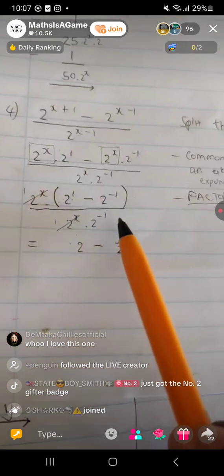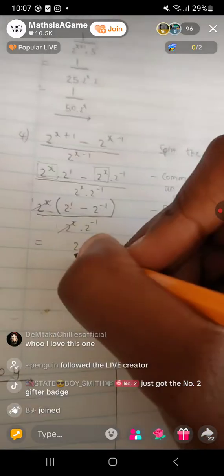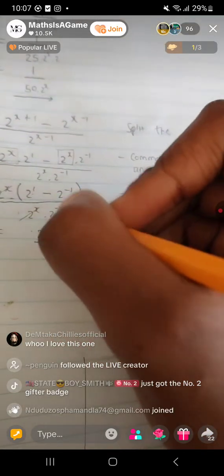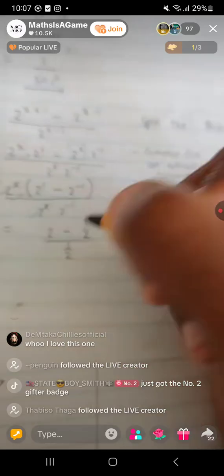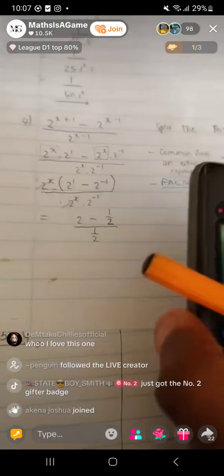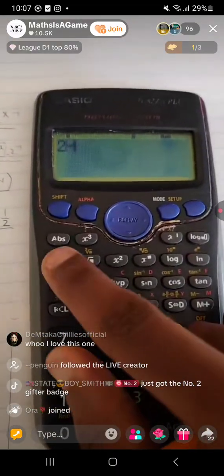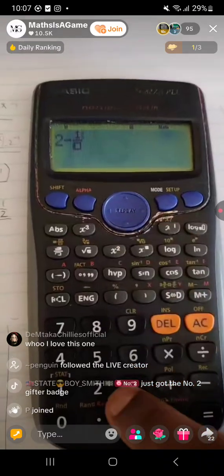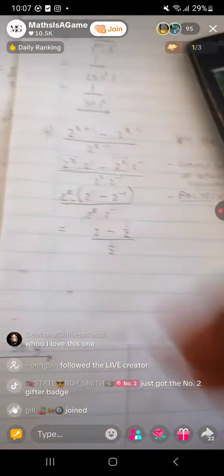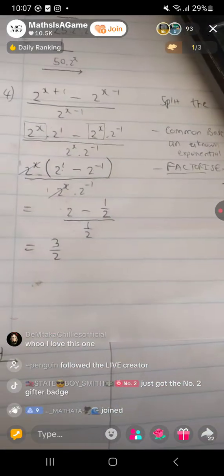So at the top we have 1 over 2, all over 1 over 2 in the denominator as well. You can grab your calculator and work out 2 minus 1 over 2. In the numerator, we have 3 over 2.